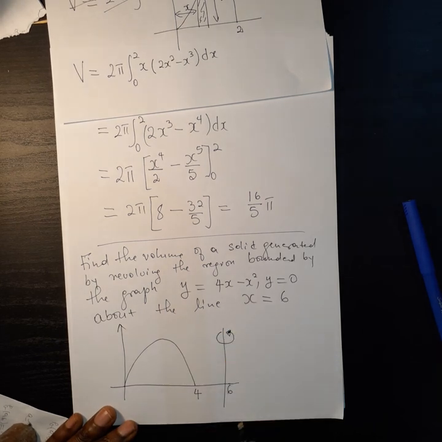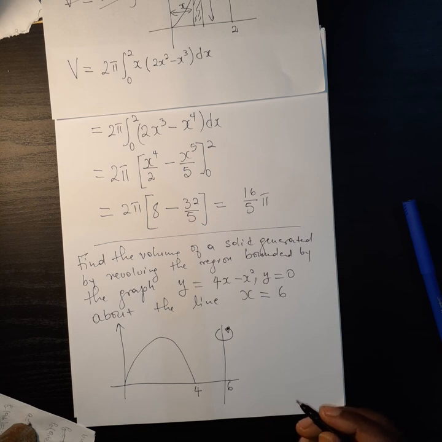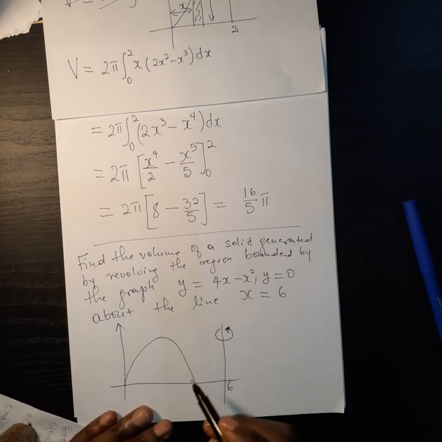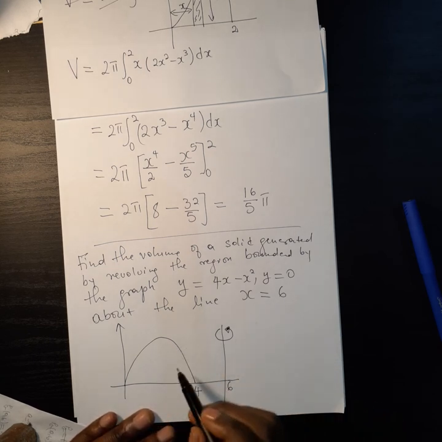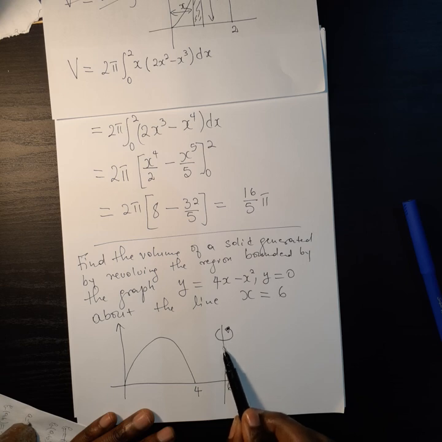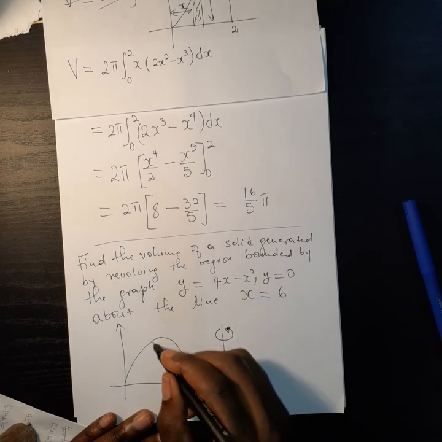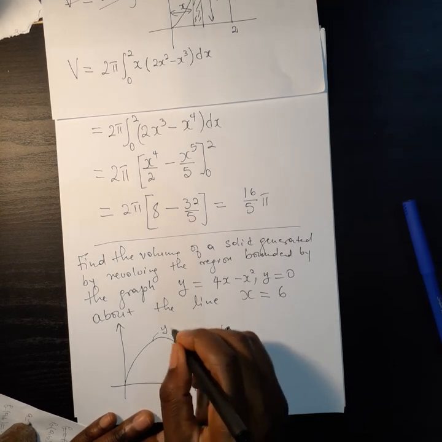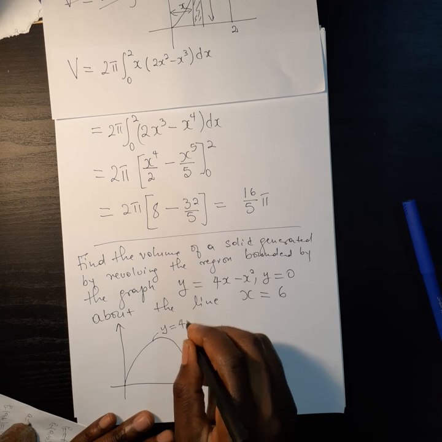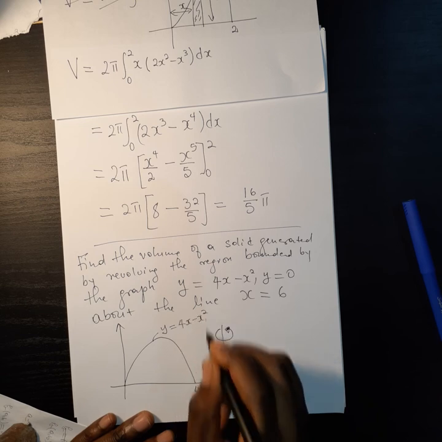Okay, so again we can see that we cannot integrate with respect to y, because that will require us to draw our representative rectangle perpendicular to the axis of rotation, and that will require us to make x subject to the formula, which is not easy.